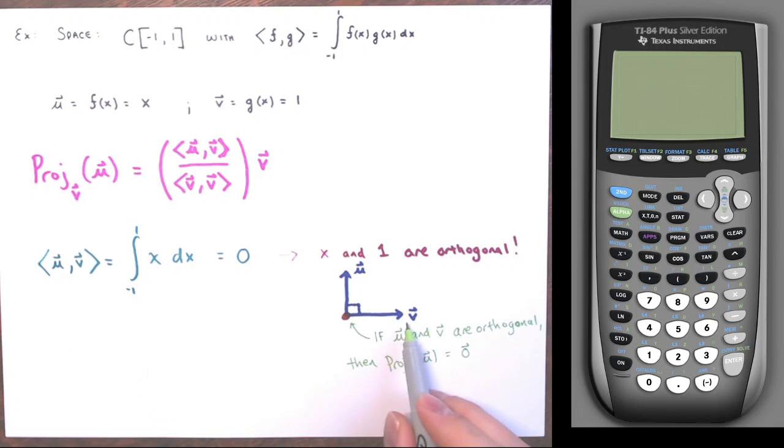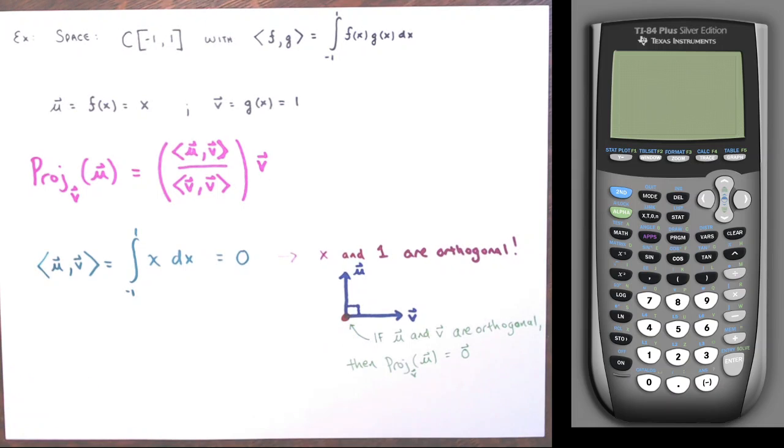And the same would go for the projection of v onto u. If I went from the tip of v orthogonally to u, it'd be just that single point. And the 0 vector does belong to the span of v, and the span of u. So this is not wrong if you get the 0 vector.